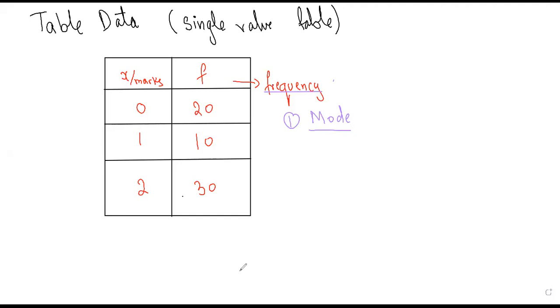What is the biggest frequency? The biggest frequency is 30. This means that out of these 60 students, 30 students got 2 marks, and 30 is the biggest number. So 2 would be the most frequent or most repeated marks in this scenario. So the mod is going to be 2.